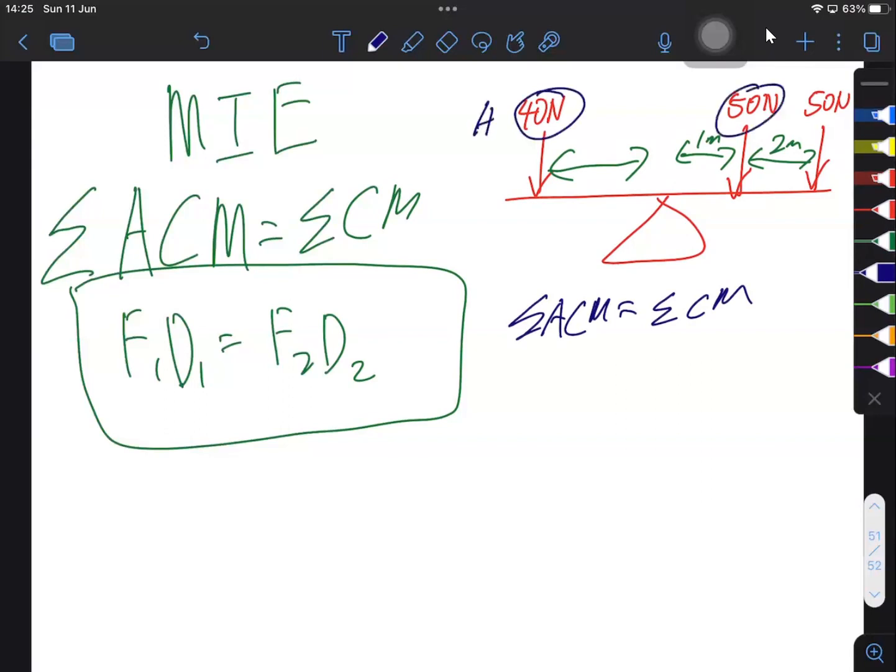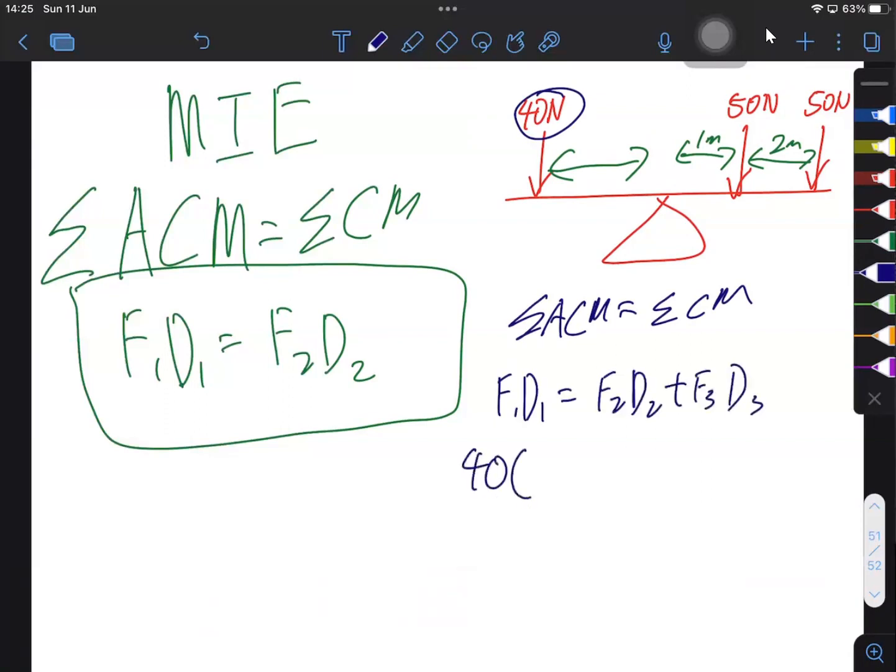This one will be clockwise, and this one will be too. Very good. So from here, my equation will be literally F1 D1 is equals to F2 D2 plus F3 D3. So my formula will be 40 multiplied by, I don't know, I'm looking for it, is equals to 50 times 1 plus 50 times 2.